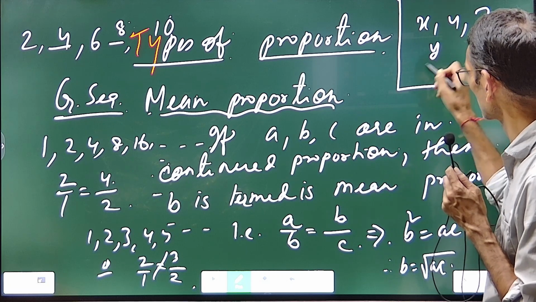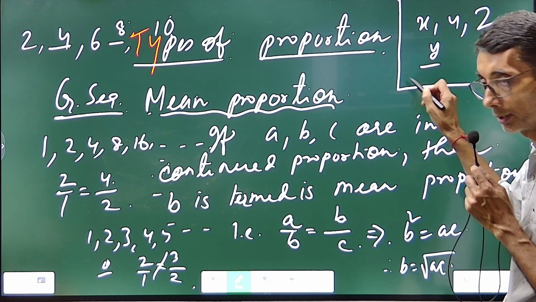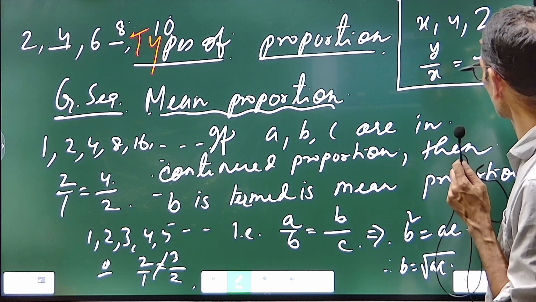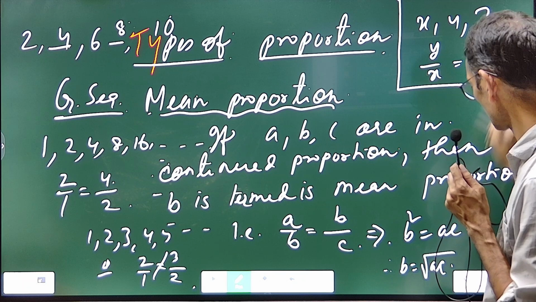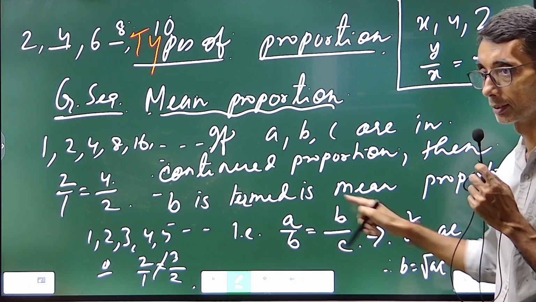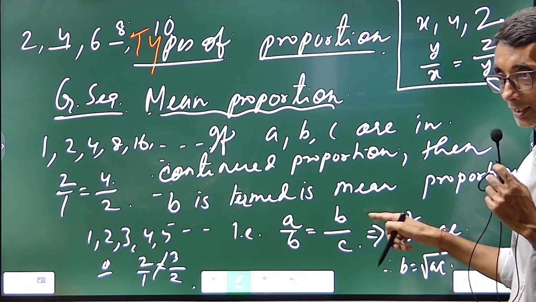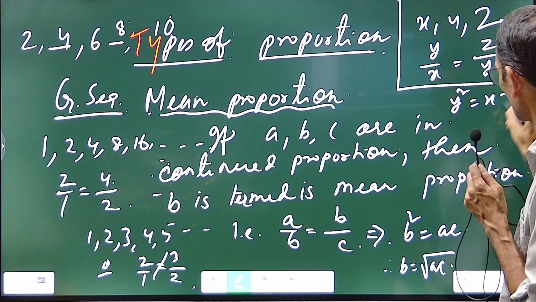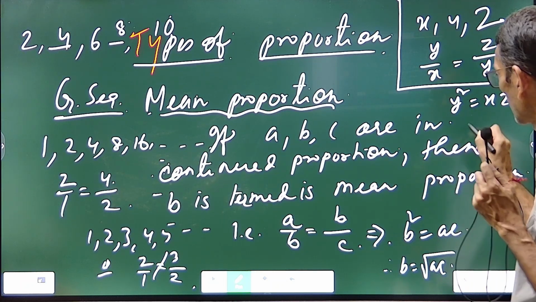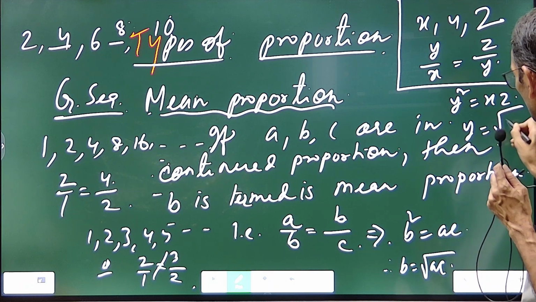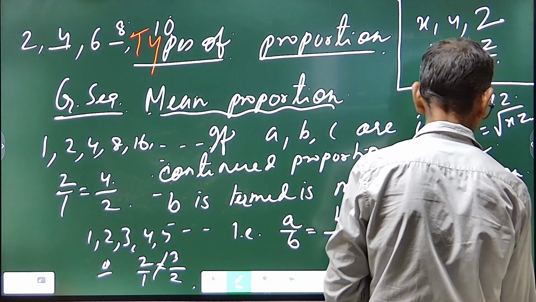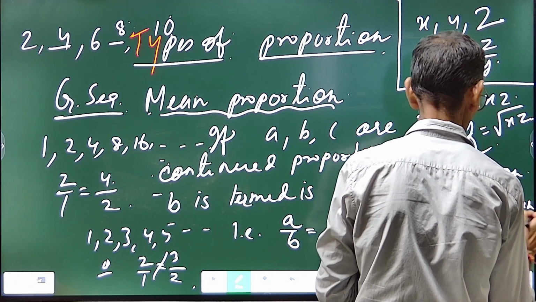Second number by first number should equal third number by second. Cross-multiplying, y square is equal to xz, and y is equal to the square root of xz.